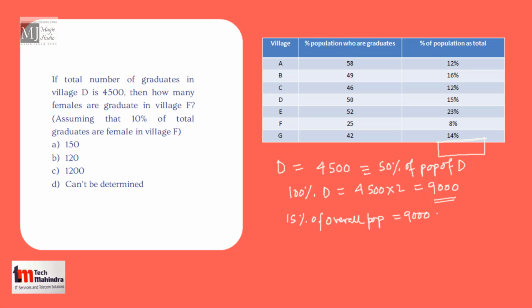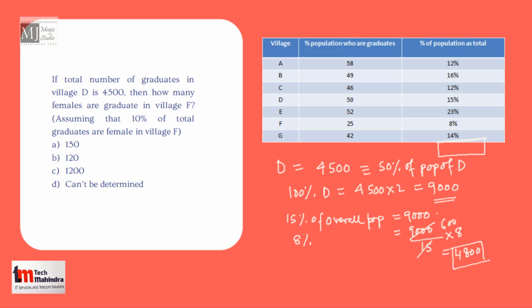I'm looking for the population of F, which is 8% of overall. So 8% of the overall population should be 9,000 by 15 into 8. Straight away we can do that, isn't it? So 15 into 600, and 600 into 8 is 4800, the population of village F.